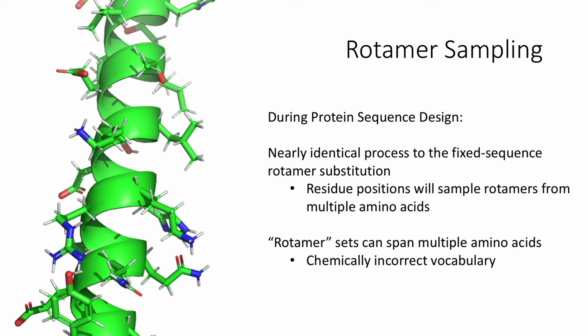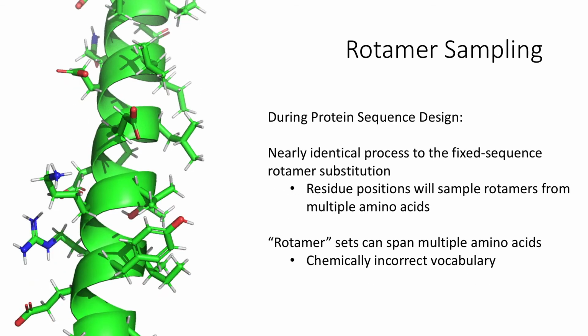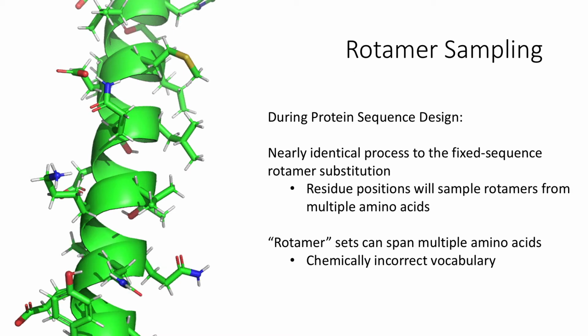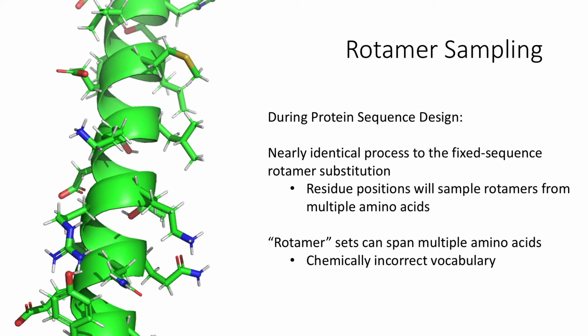I know it's kind of hard to see in this video, but when changes are being made, mutations can be introduced, and the set of candidate states at each position is not just confined to one amino acid. You can change the chemistry of a position as you sample these sidechain conformations.